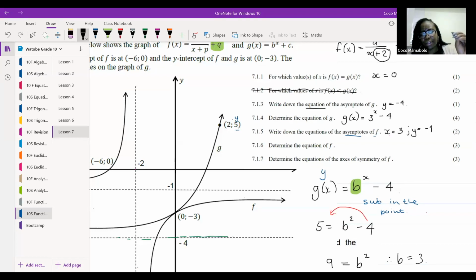Good, -3. Does that make sense? Just give me a thumbs up if the reason why we changed the sign makes sense. Cool beans. And that's the whole reason why we changed the sign.